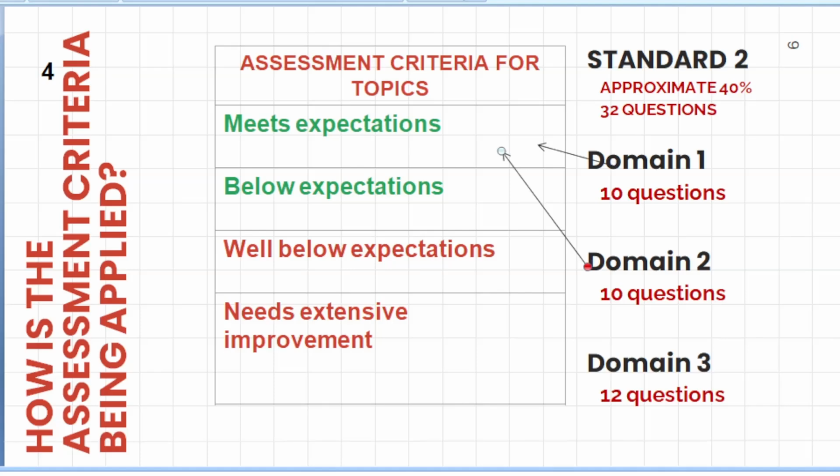Domain 3, you have to meet expectations. So try to give the approximate percentage of correct answers from each domain. But keep in mind, you will be evaluated based on the overall score.